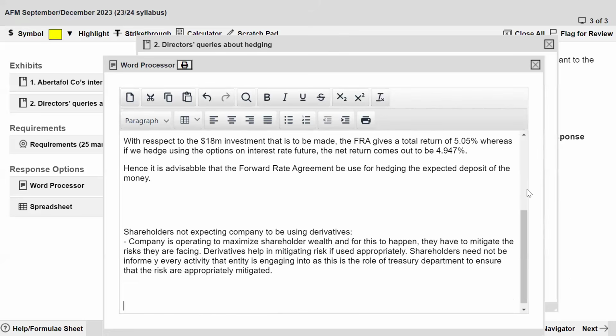Whatever the shareholders would say, we don't care about it, because ultimately shareholders have given you the responsibility to manage. And if they have given you the responsibility to manage, ultimately you have to manage.